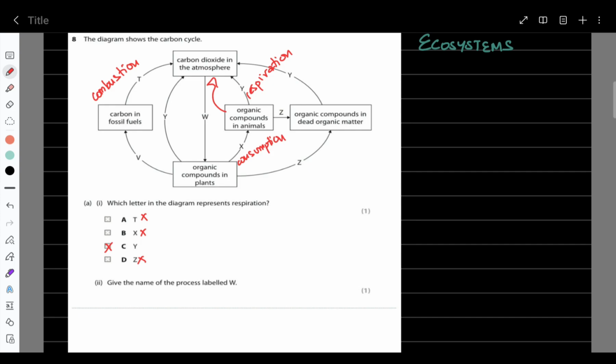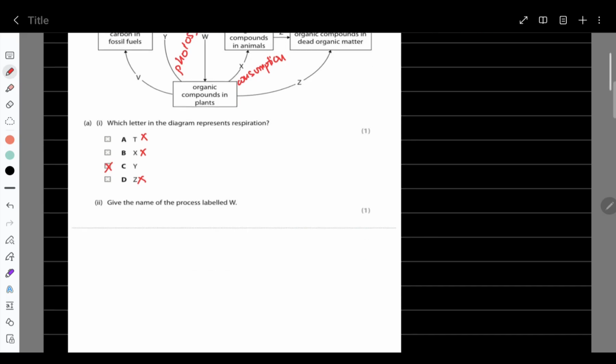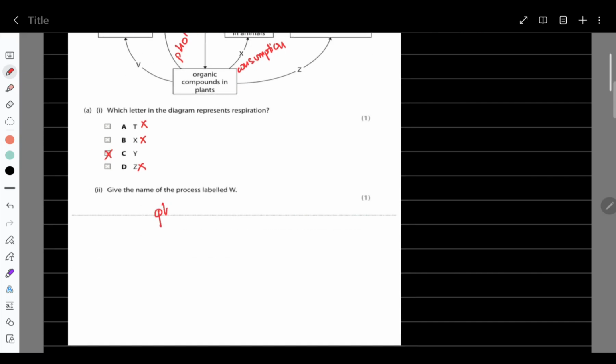Carbon dioxide, along with water and sunlight, makes organic compounds such as glucose, starch, cellulose, proteins. So this process is actually photosynthesis.